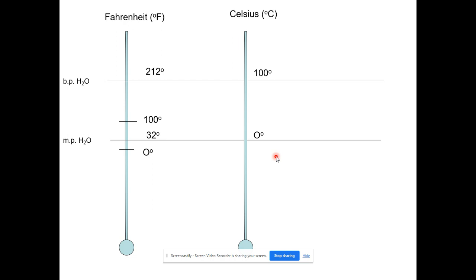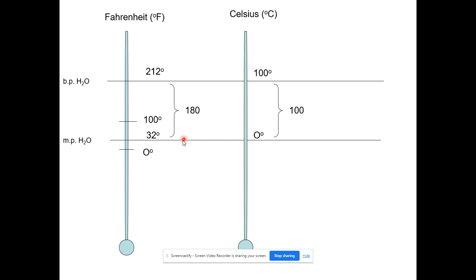Well, if you want to convert, you're going to use a formula, and here's how we develop it. First off, we kind of did a proportion calculation. Between 32 degrees and 212 degrees, there's 180 degrees, right? 212 minus 32 is 180.